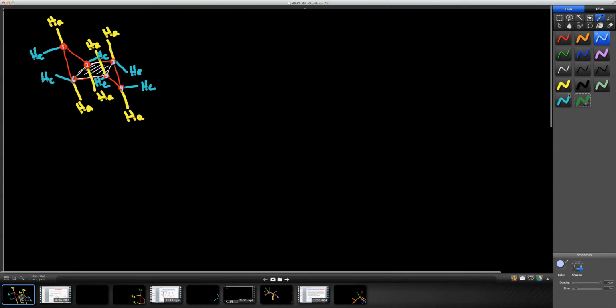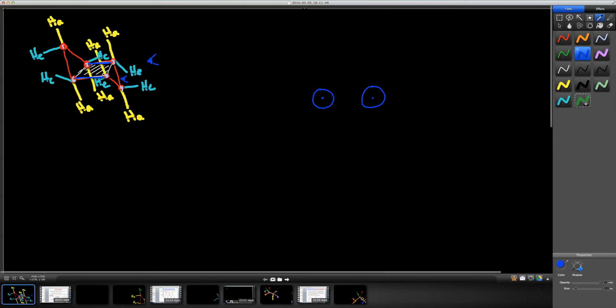And we want to look down the C3, C2 axis. So we're going to have our eye right here. And the C5, C6 axis. And so we're going to have our eye right here. C5, C6, C3, C2.